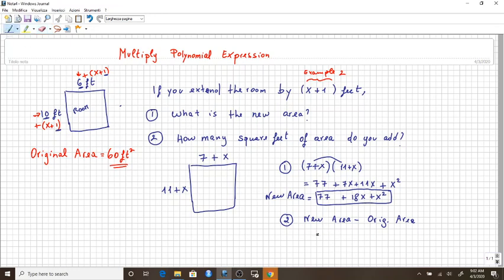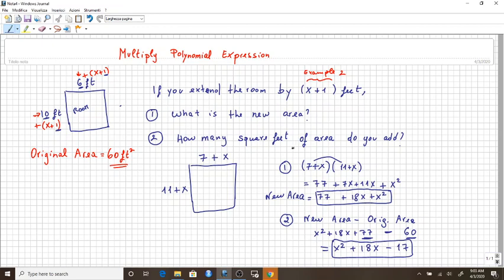We have x squared plus 18x plus 77, and we want to subtract the original area, which is 60, and the only terms we can combine are 77 with 60, so we end up with x squared plus 18x plus 17. This last expression represents the amount of square feet that we added by extending this room by x plus 1 feet.